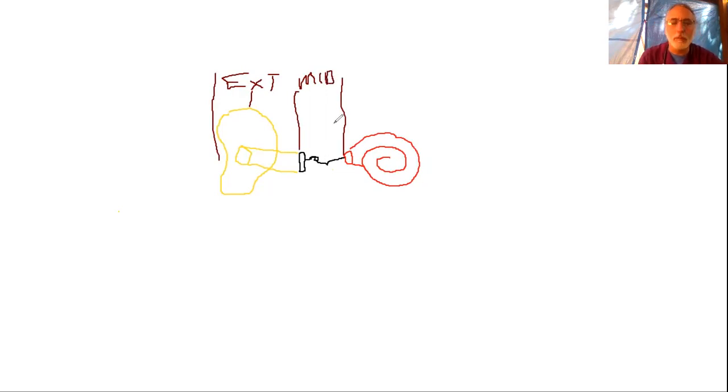Middle ear, that's a D, right? And then the inner ear. Okay. Now let's draw some sound. Okay, how am I going to draw sound on this one?